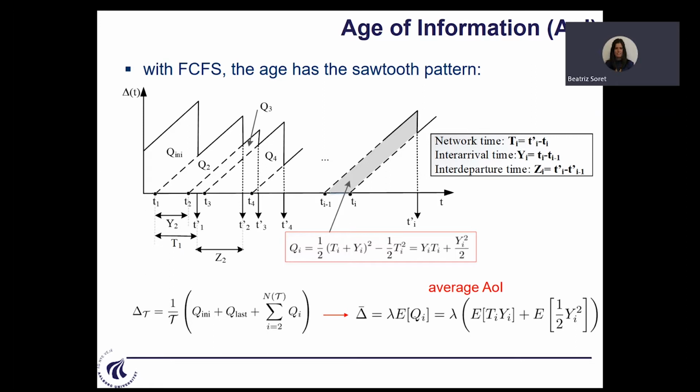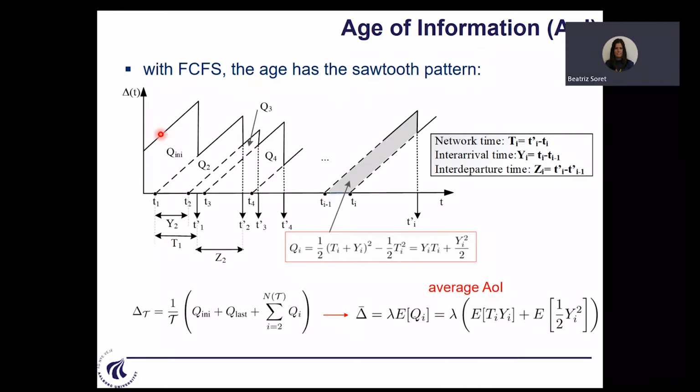I will show you some results at the end, but the idea is that the age is defined. I'm not going into the details of this slide, but if we look at the figure, it grows linearly. Sorry, it's a bit slow.